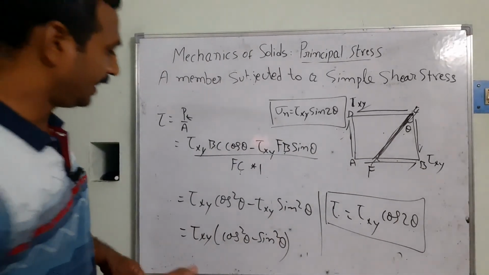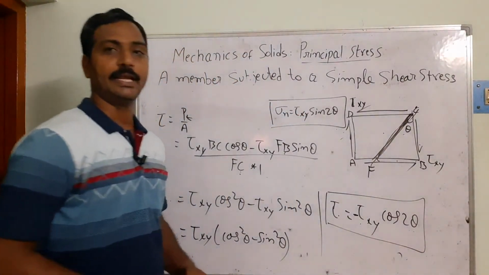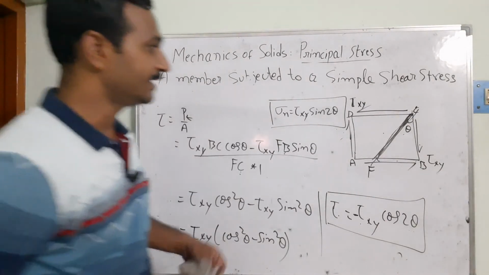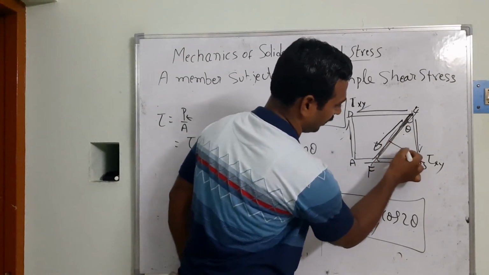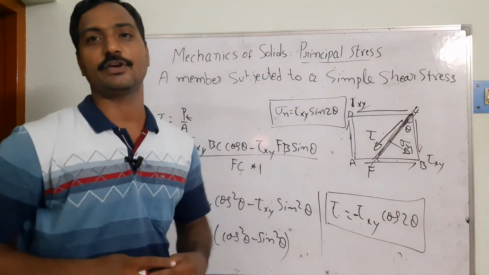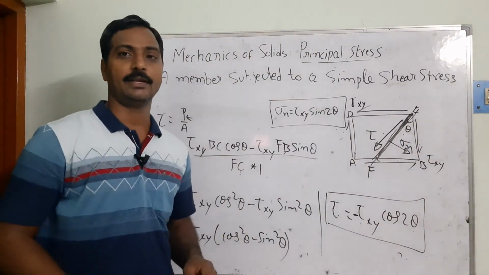Here we get cos square theta minus sin square theta, and the negative indication is that it is acting in the downward direction. That means the shear force is acting in this direction. This is the sigma and this is the tau. So that plane suffers that kind of stresses. This way we have calculated.